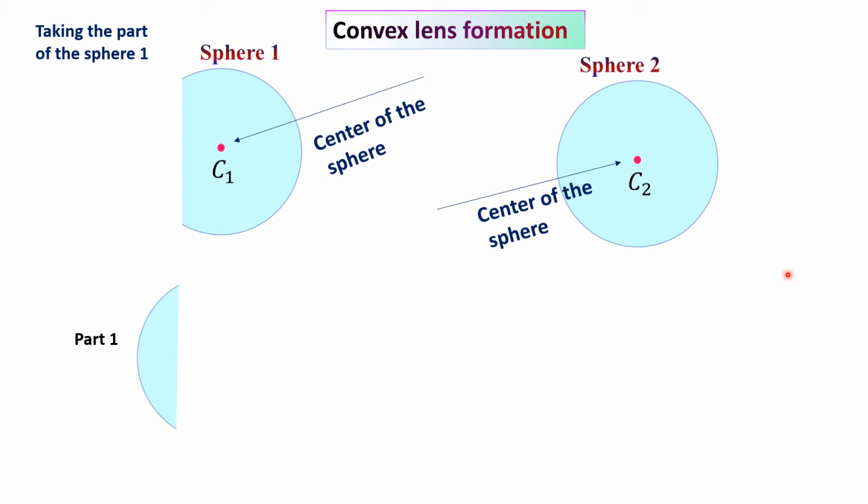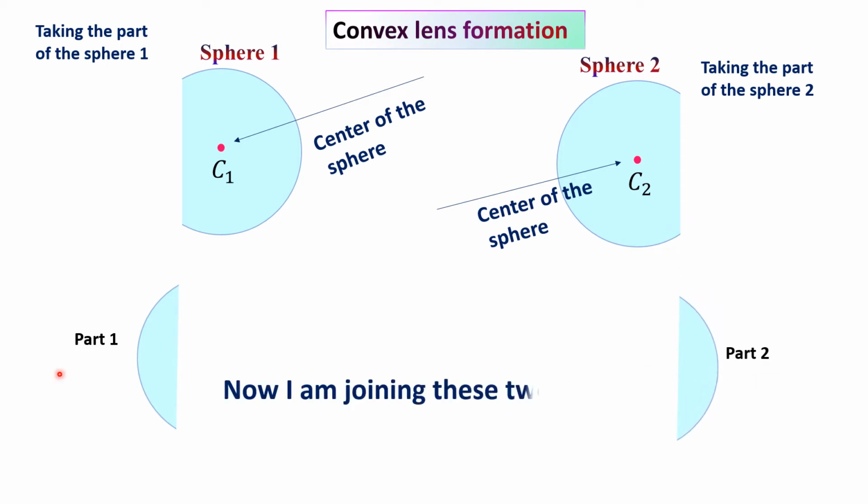Now let us take the part of the sphere 2. Now I am going to cut the sphere here. That means I am taking some part of the sphere. This is part 2. This is part 1 and this is part 2.